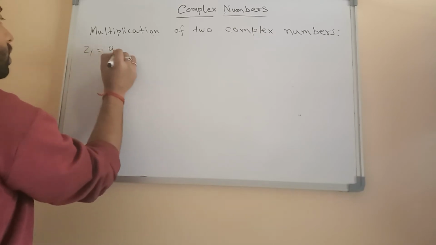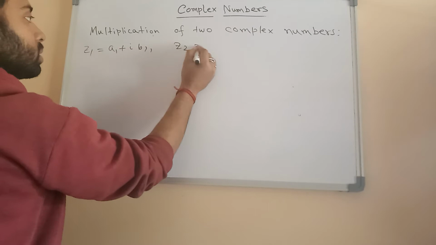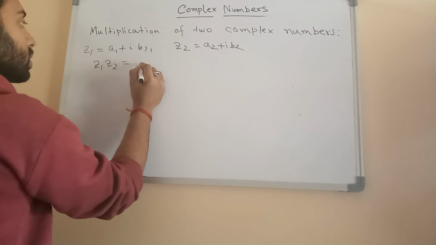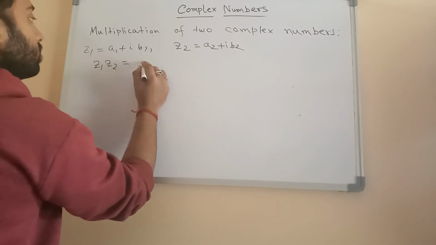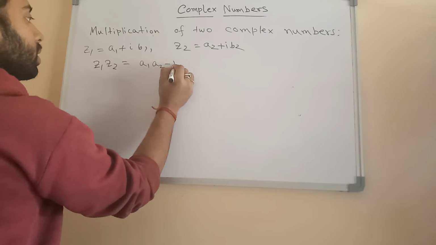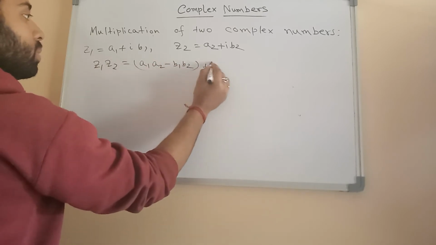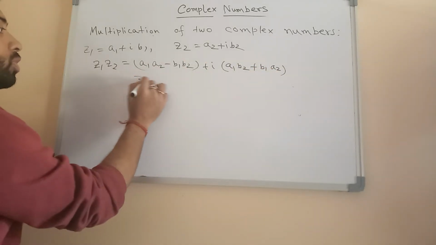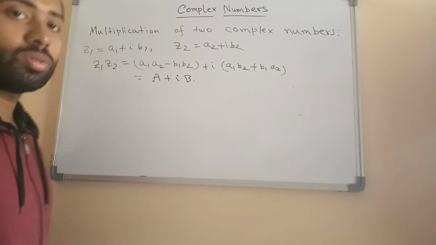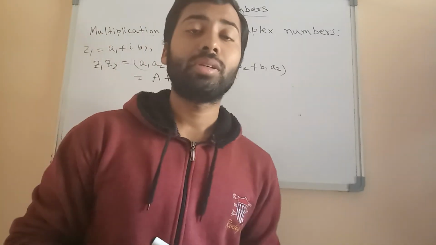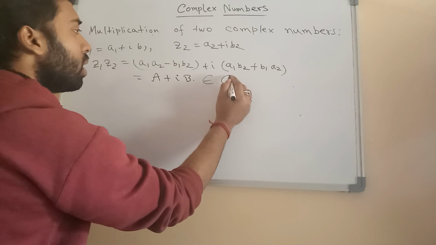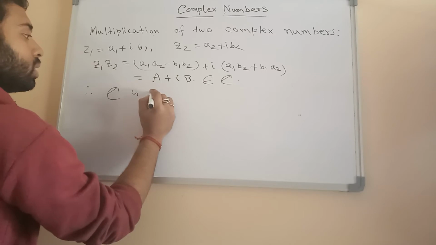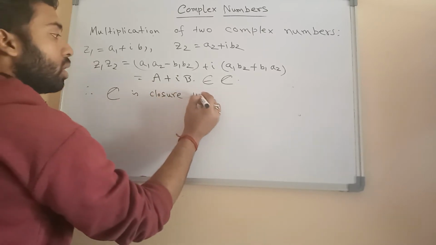If I have two complex numbers, then we know from the previous case that the multiplication will be a1 a2 minus b1 b2 plus i into (a1 b2 plus b1 a2). So this is of the form a plus ib. As we know, any number of the form a plus ib belongs to the set of complex numbers.